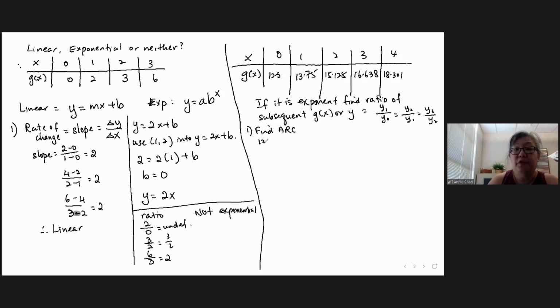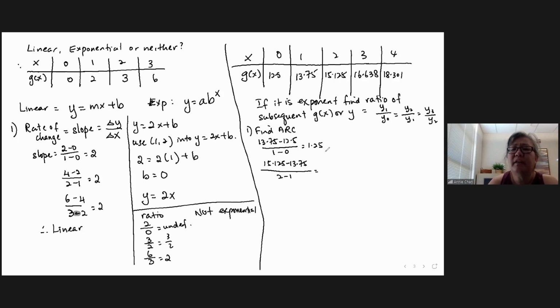So we have 13.75 minus 12.5 over 1 minus 0, and that will give us what? 1.25? Yeah? And then the next one is 15.125 minus 13.75 over 2 minus 1.